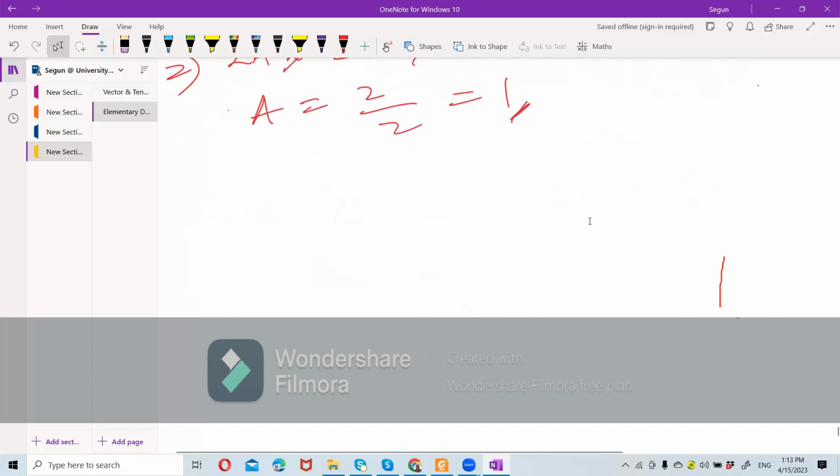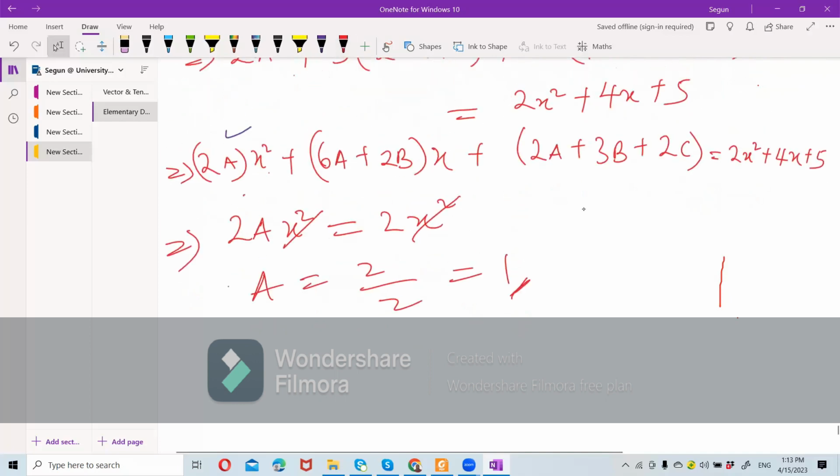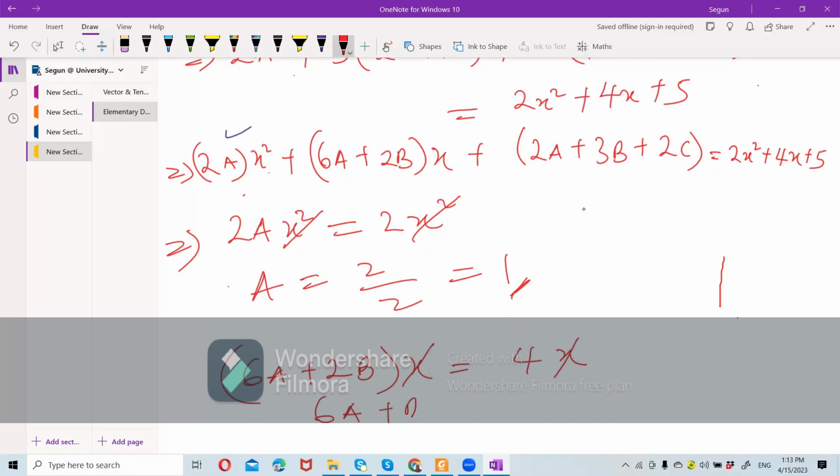So the next thing is to gather the one with x, which is 6a plus 2b all x equals 4x. This one cancels this. Then we deal with 6a plus 2b equals 4.